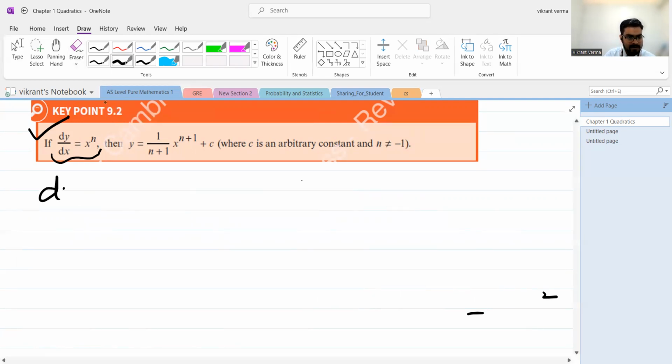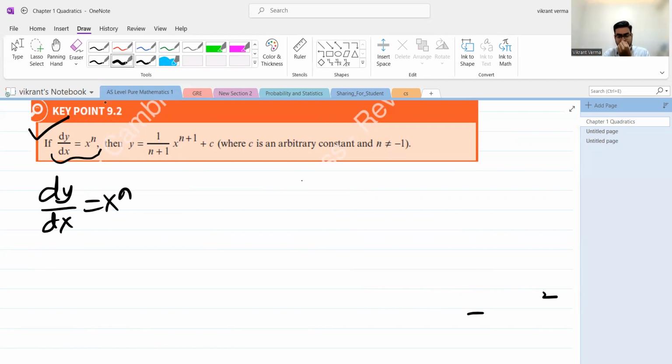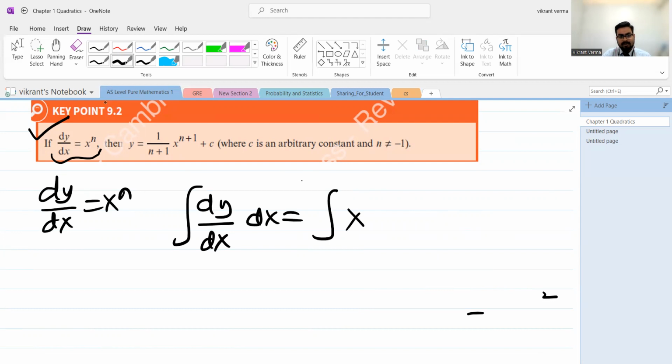First I will write dy by dx equal to x raised to the power n, and now I apply the operation of integration on both sides. Since I already explained that on the left hand side I will apply dy by dx, similarly on the right hand side it will be dx.